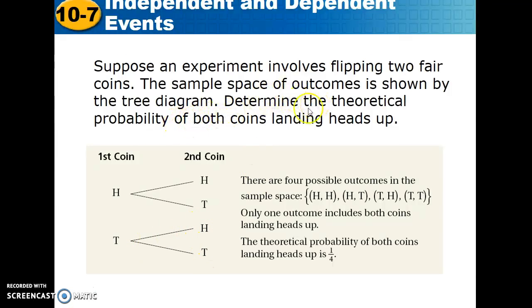Determine the probability of both coins landing heads up. So we collect our sample space, and we can see theoretically that one time out of 4 events in the sample space, there's only one that includes both coins landing heads up. So our theoretical probability will be 1 out of 4.